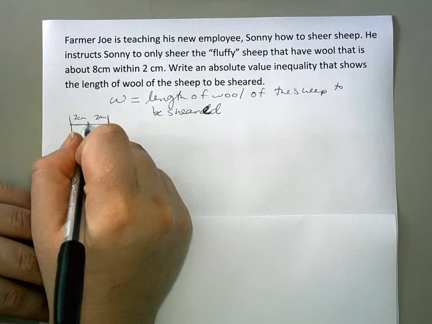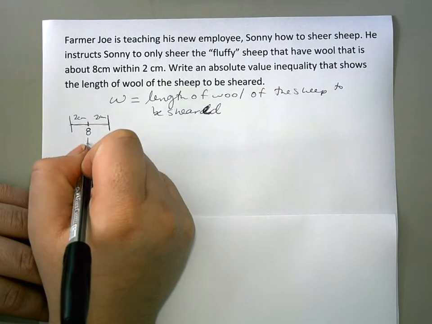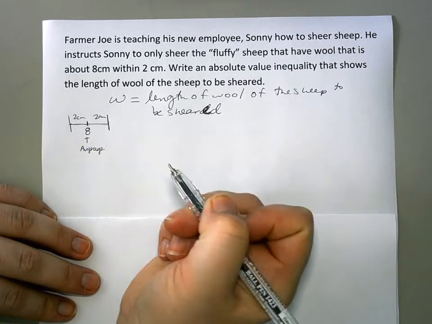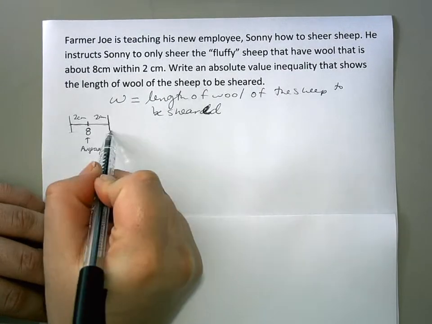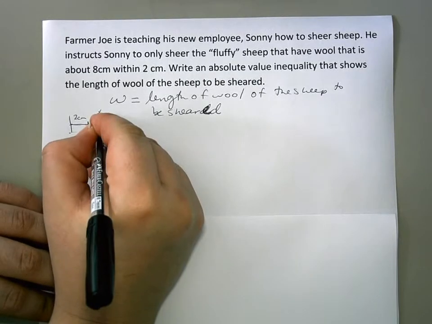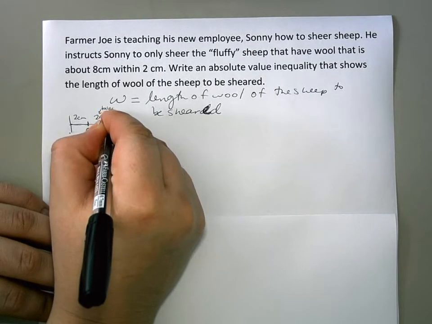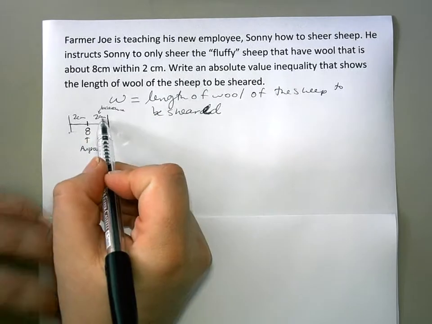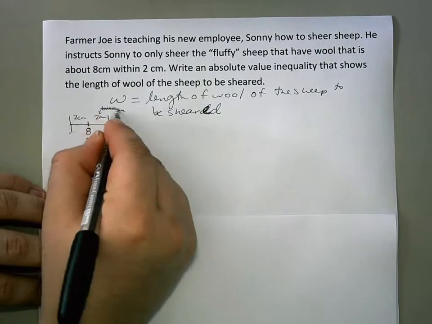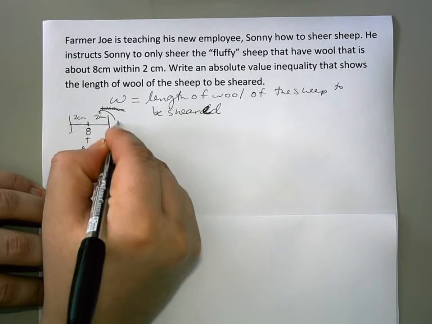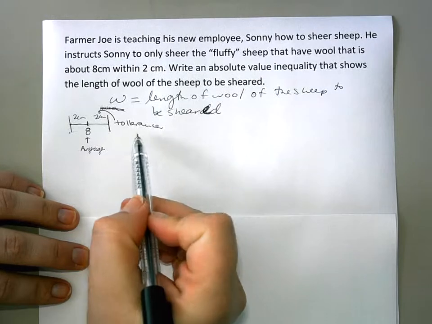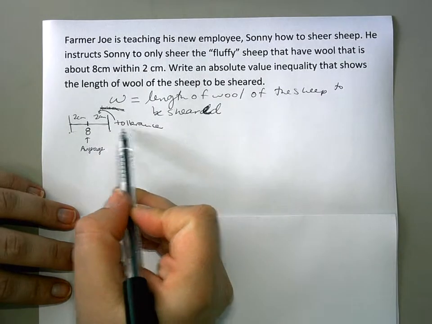And this is like our average of all of the extremes. This is our tolerance. We're tolerating 2 centimeters. Oh, you can't see that, can you? You will accept 2 centimeters above and below 8.